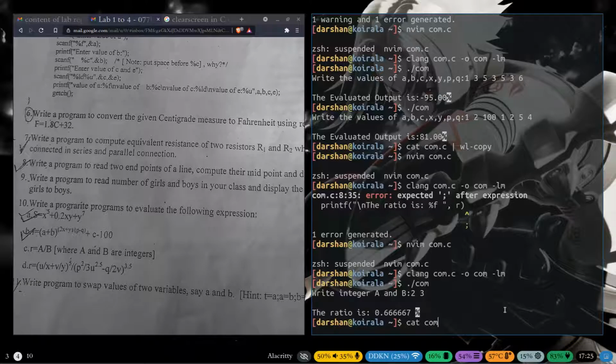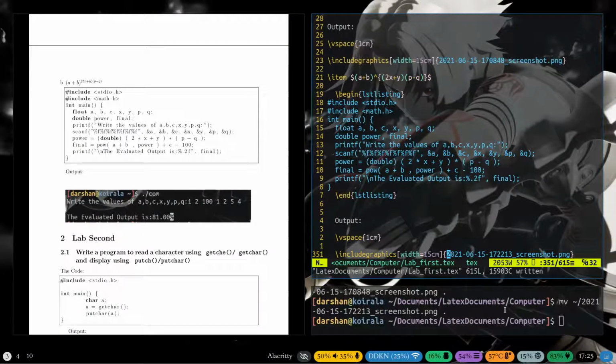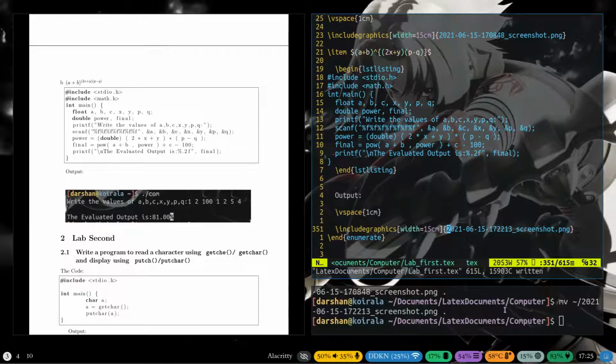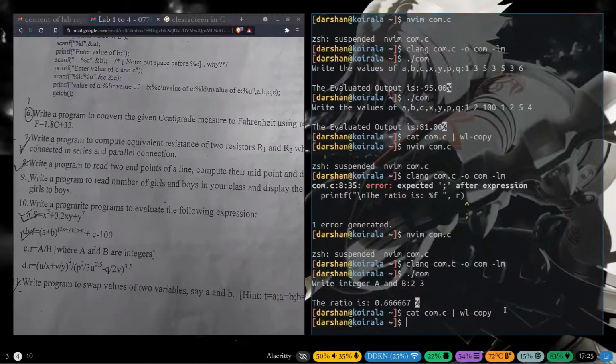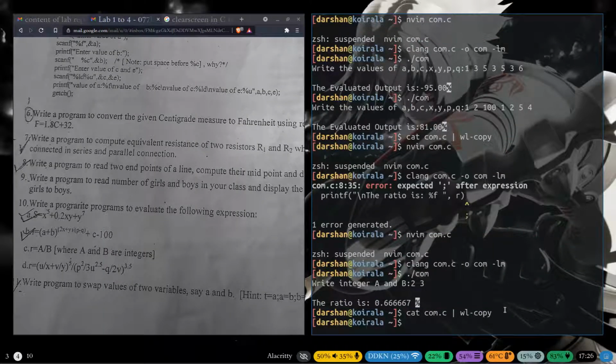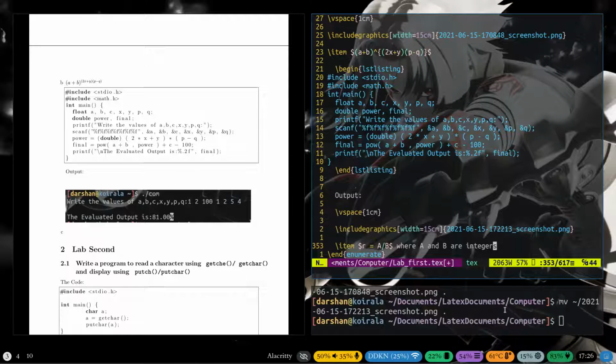Alright. Third, right? R equal to A by B, where A and B are integers. Right.